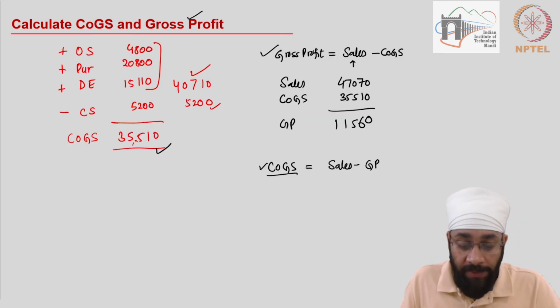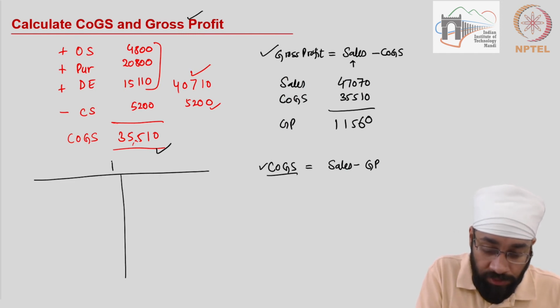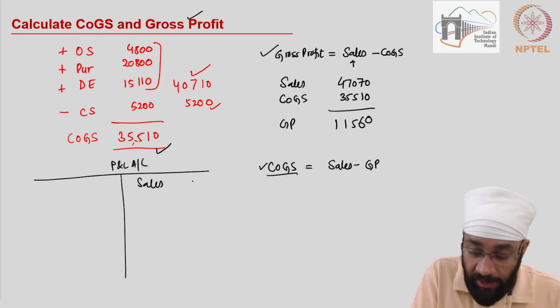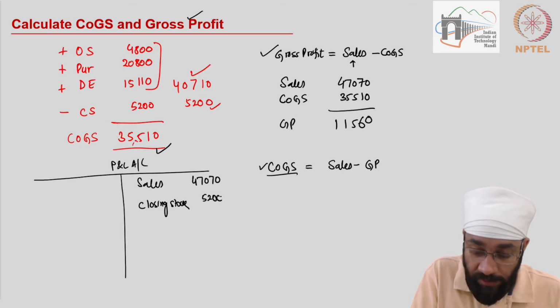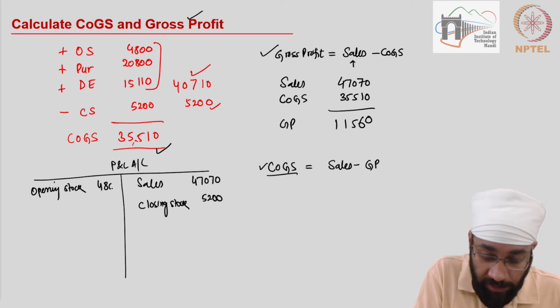And if you imagine the trading account, this is how it looks, trading and profit and loss account. You show sales here. So sales are 47070, and you show closing stock. So closing stock is 5200, and you have opening stock here. Opening stock is 4800.